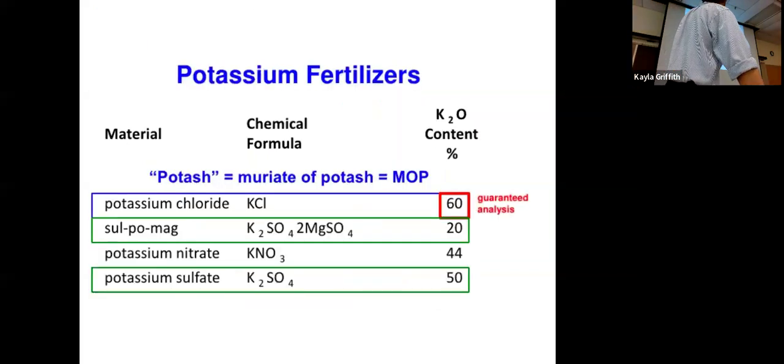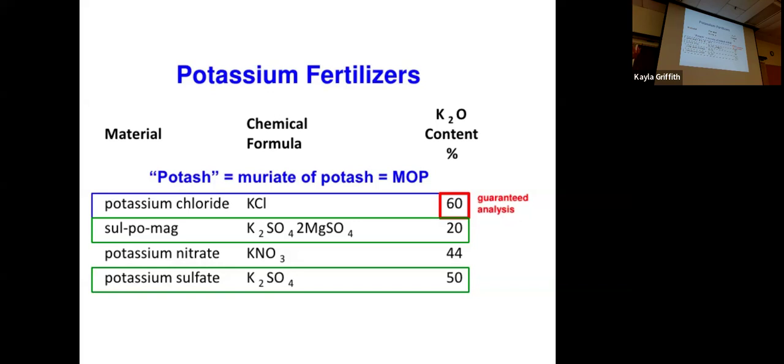I'm not going to get too hard into these details, but we refer to the potassium in fertilizers as potash, but in reality, this is not the typical potassium oxide. It's not a large component of the material that we add.